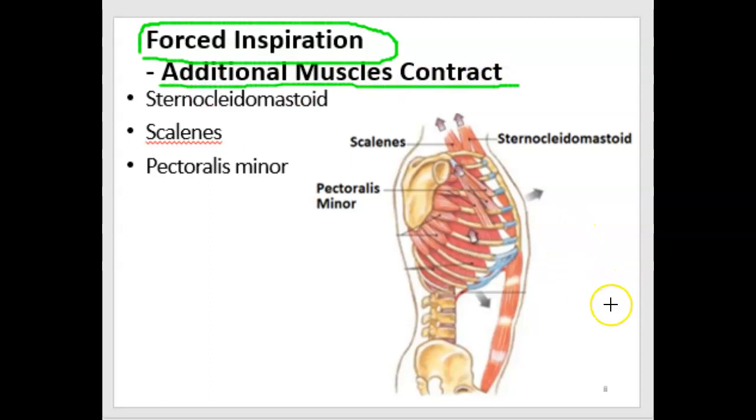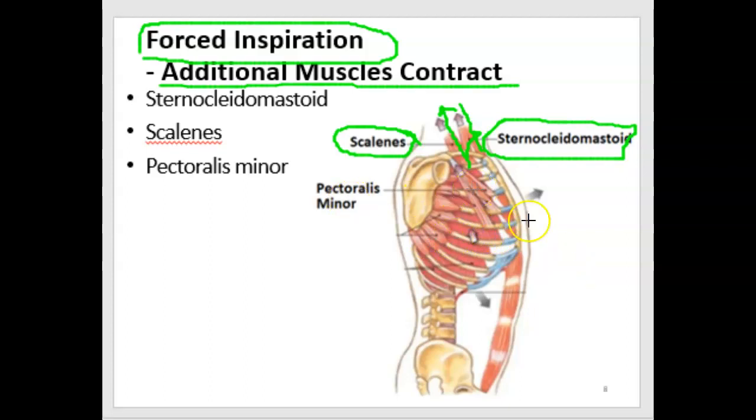And those muscles that are involved with increasing the size of the thoracic cavity even more are the scalenes, which generally go from the ribs up to the skull and the neck. The sternocleidomastoid, which you learned in A and P1, which go from the clavicle, the sternum, and up to the skull. And the pectoralis minor, which helps swing the rib cage outward and upward a little bit more.